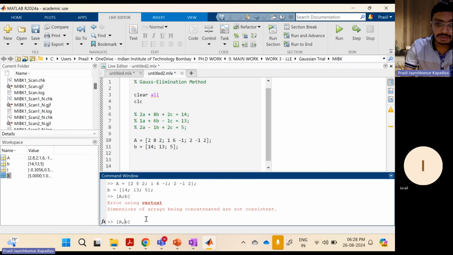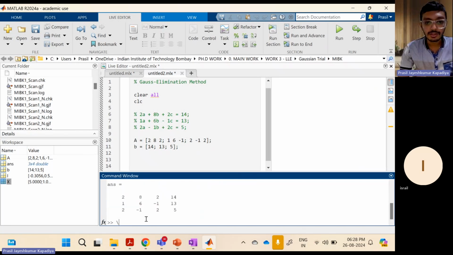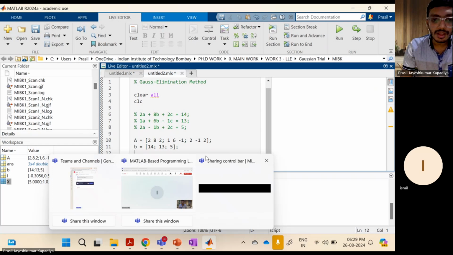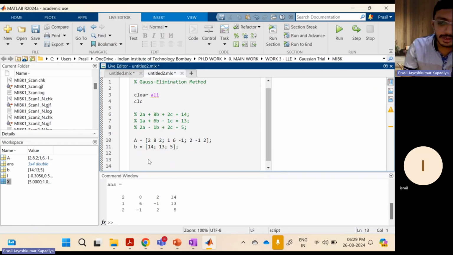So I need to just put one column. What it will do, it will keep my A matrix as it is, and B matrix as it is, and it will just keep them together. So see, this is my augmented matrix created. So I am defining, let's say I'm writing, get augmented.